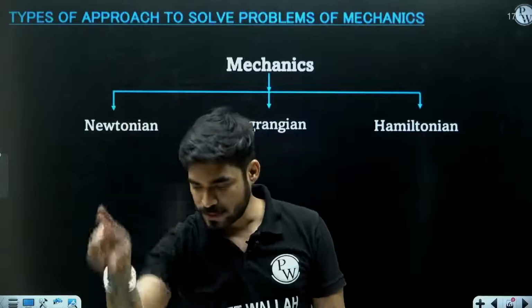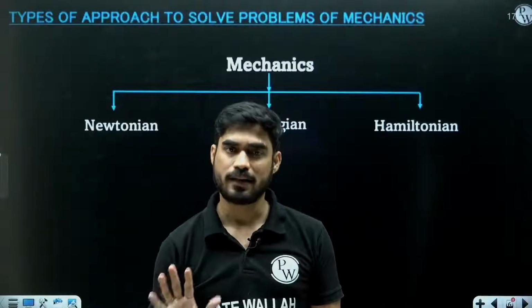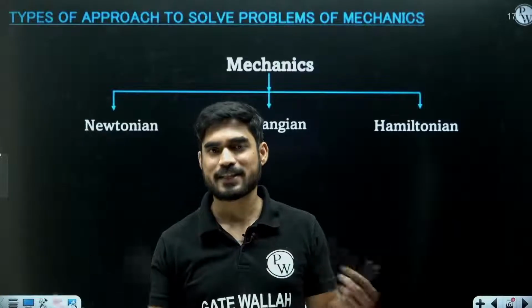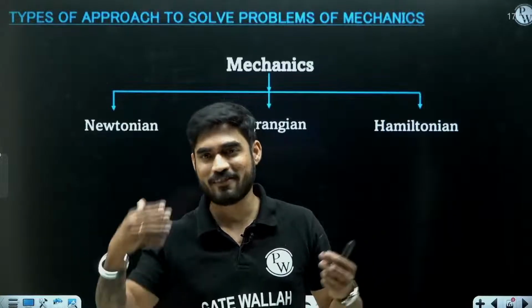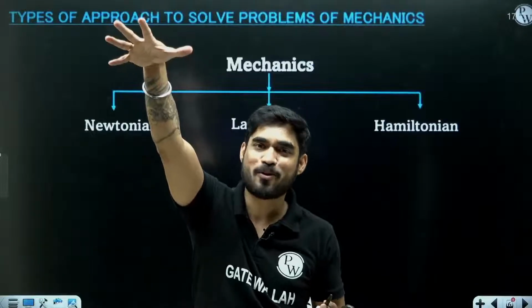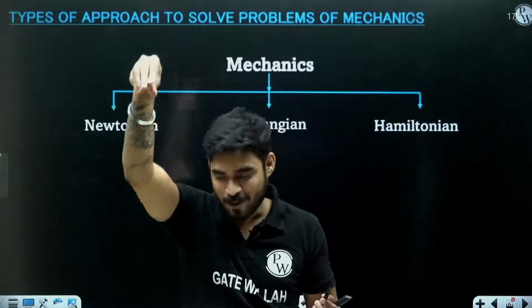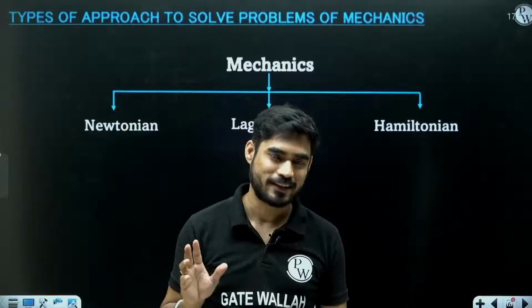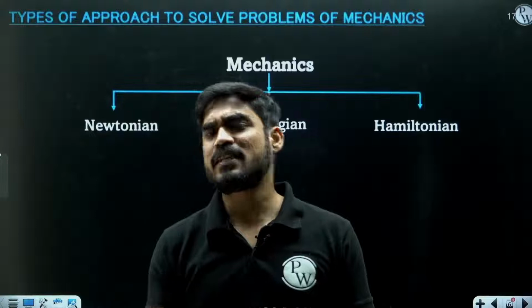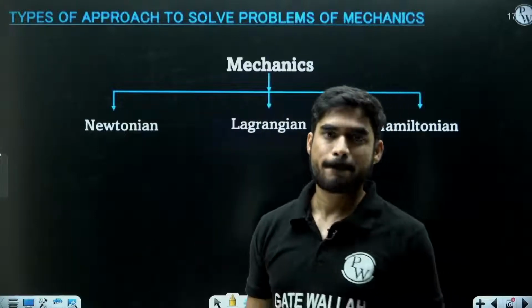For example, if I release a ball from some height, the ball moves in a straight path, right? We all have seen this from our childhood. Since the moment we have opened our eyes, we have seen that if we release a body from some height, it will always move in a vertical path, in a straight path. It seems very obvious.